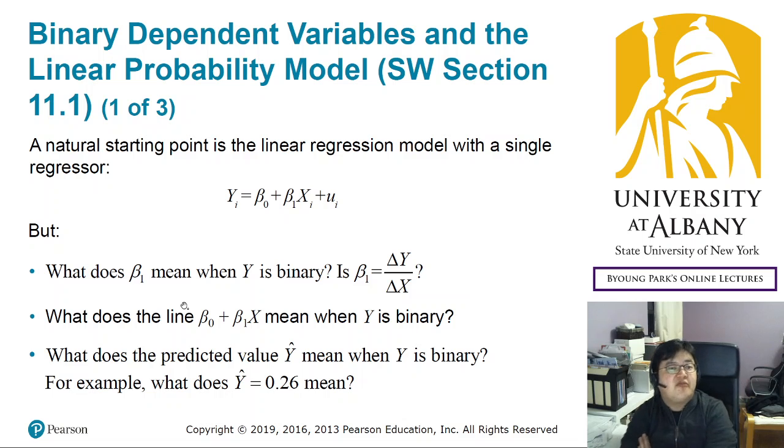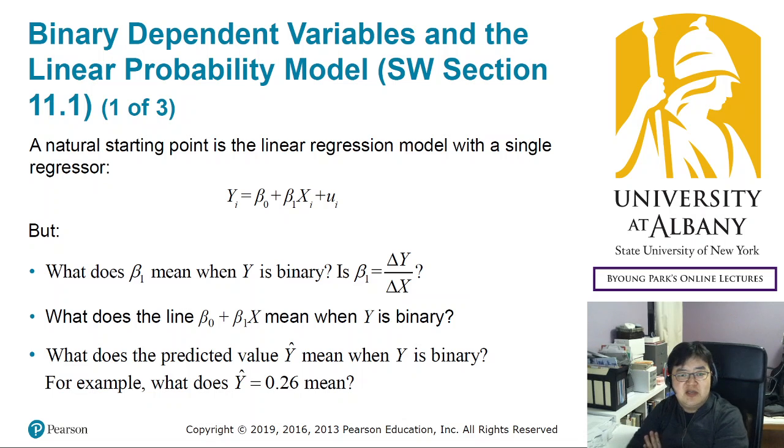Now let's think about the standard linear regression model that we considered earlier. Say y, the mortgage application result, is determined by x: beta 0 plus beta 1 x plus error term. In this simple linear regression model, we interpreted beta 0 as the intercept, the predicted value of y when x equals 0.